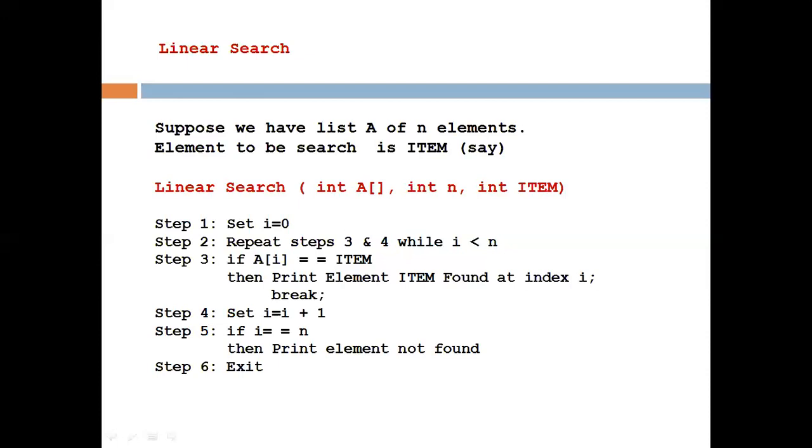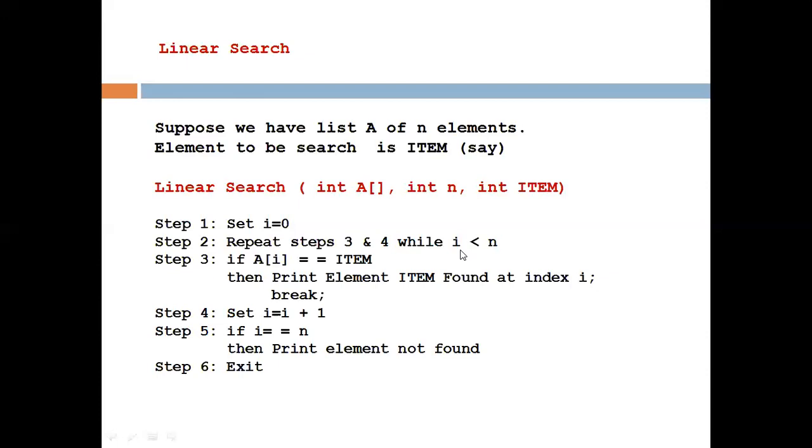So as I said, in linear search we will search from the zeroth element, then the next element, and at last the n minus 1th element. So we have taken a loop and the condition in this loop will be i less than n. So definitely for i equal to 0 the loop will execute, for 1 it will execute, and at last it will execute up to n minus 1.